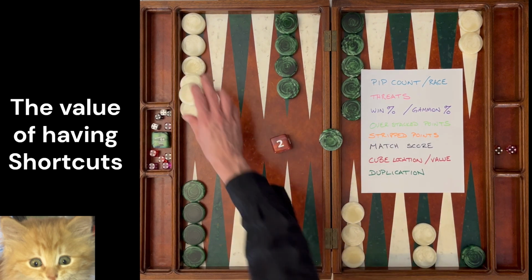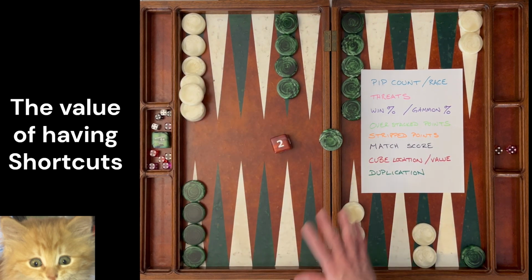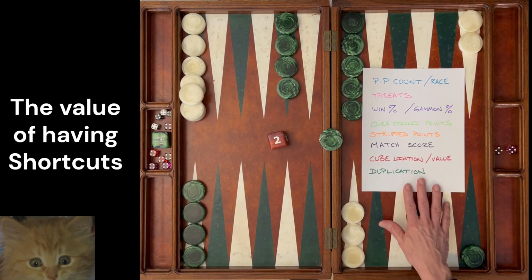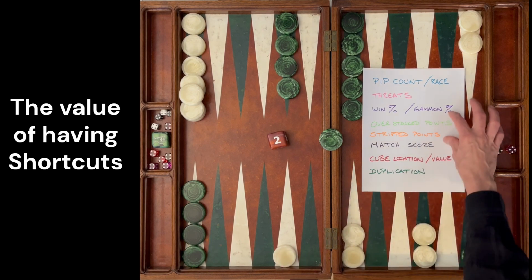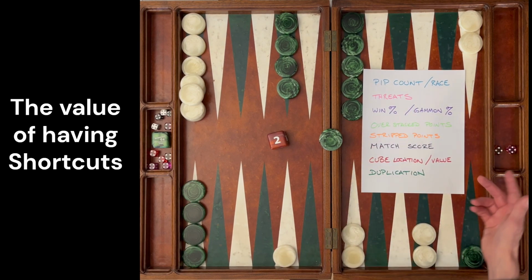Do we have a lot of super overstacked points that are going to be difficult for us? Does our opponent have overstacked points or completely stripped points? This is distribution.